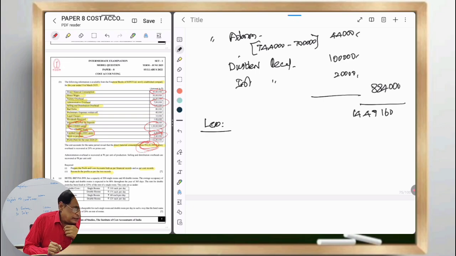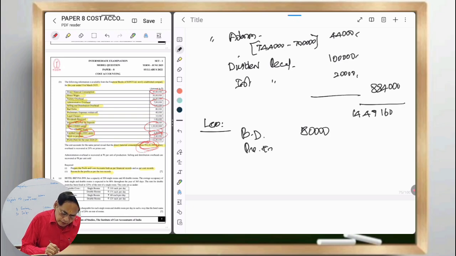So these are the things to be deducted. Bad debts, that is 80,000 to be deducted. Preliminary expenses, 40,000, also to be deducted. And legal charges, an administrative expense, 10,000, to be deducted.